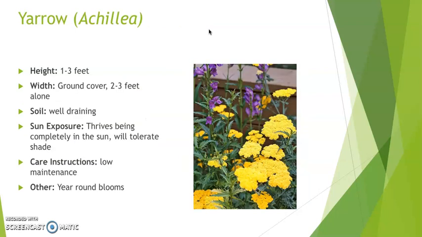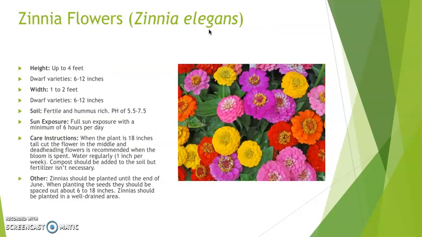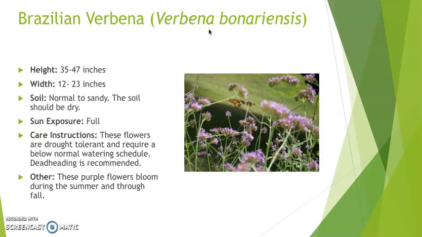We have the yarrow species, passion vine, which is going to be at one end of the garden, zinnia flowers, which are really bright and are good at attracting monarch butterflies, and then Brazilian verbena.